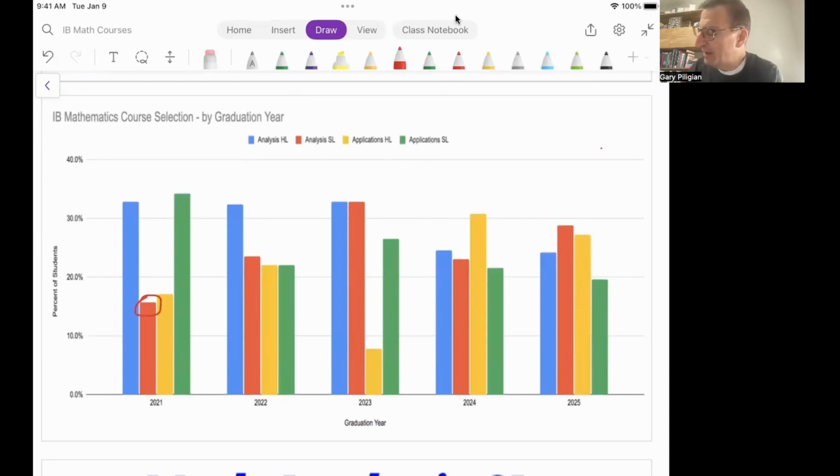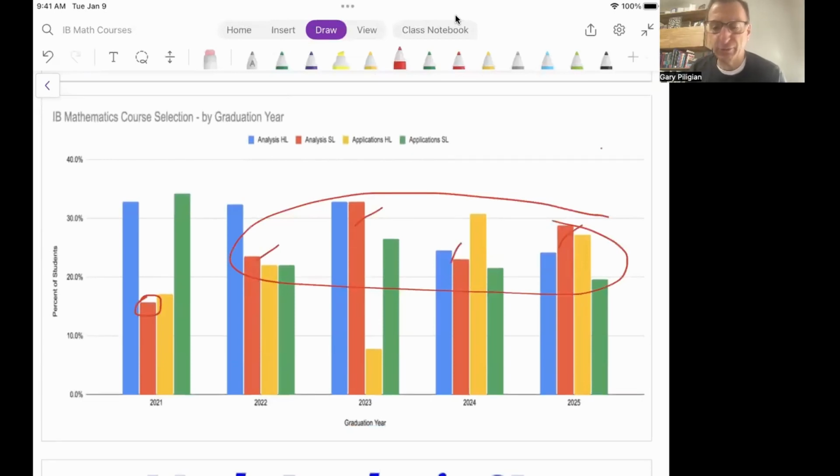But over time, 20 to 30% of the WIS students have selected the Analysis SL course, and I only expect this one to continue to grow in popularity, as it's a good, solid mathematical course for someone who's not necessarily going to major in math or a super quantitative field. It's a great foundational course because of the balance that it has, and it's pretty rigorous.